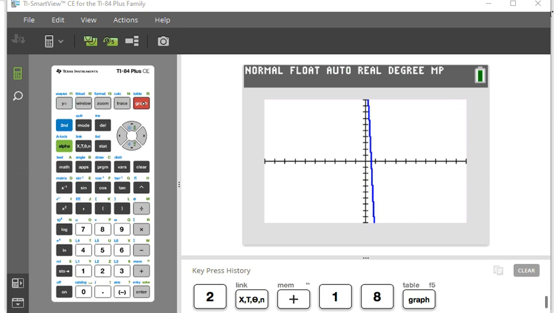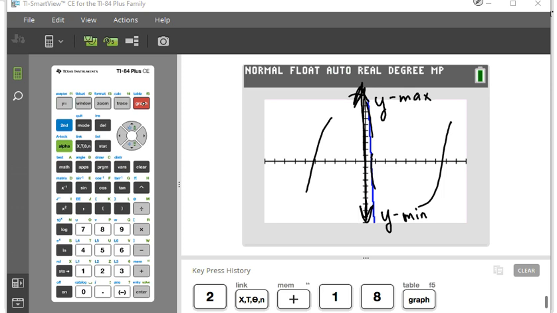So we want to go higher and lower. Higher, that's a change on our Y max value. Lower is a change on our Y min value. And again, we don't know if it's going like this or if it's going like this, so we need to change the other values as well.